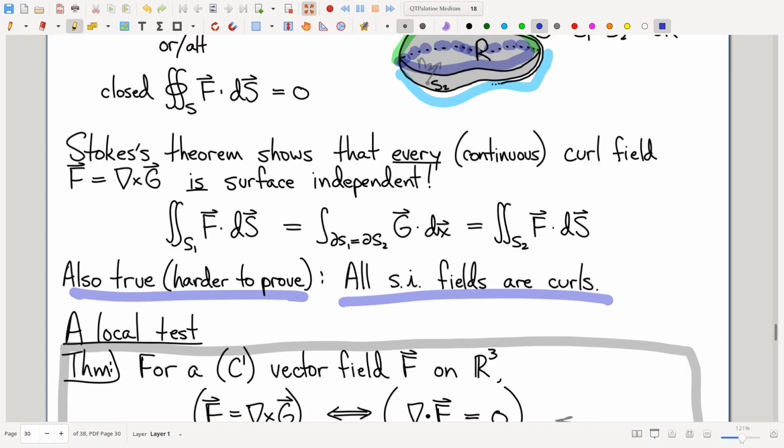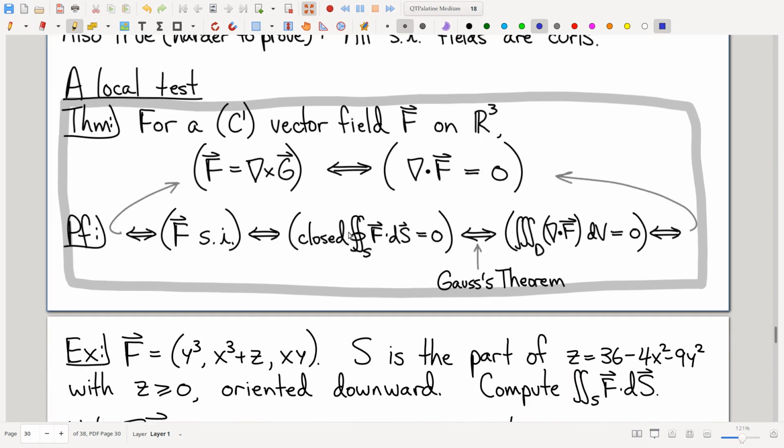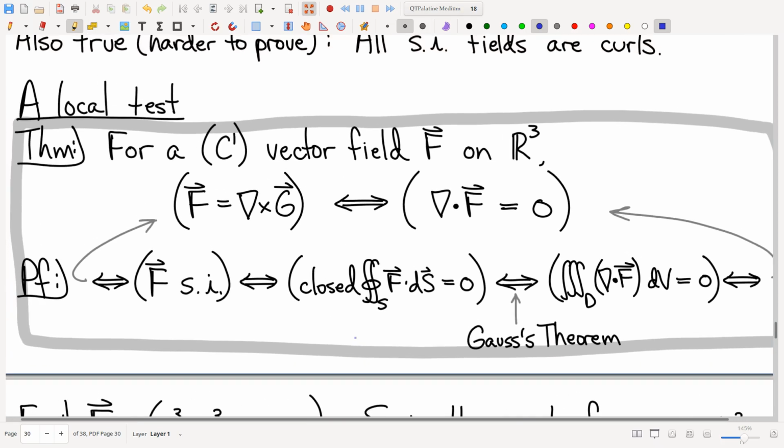So they're synonymous, in the same way that gradients and path independence are simultaneous, all the same vector fields. Likewise, curls and surface independence are simultaneous. They're the same vector fields, different features of the same special fields. Okay. And y'all will recognize this little layout.